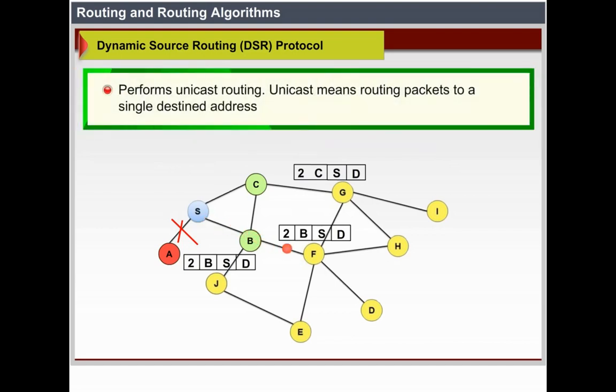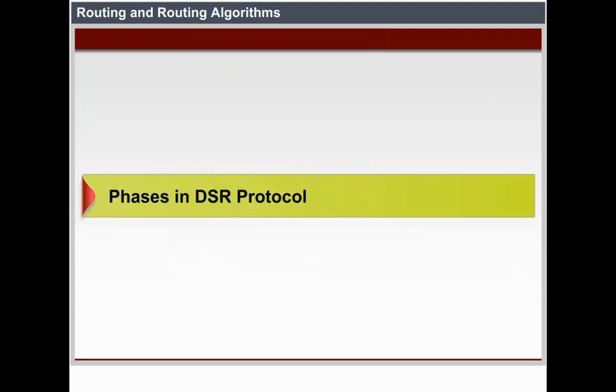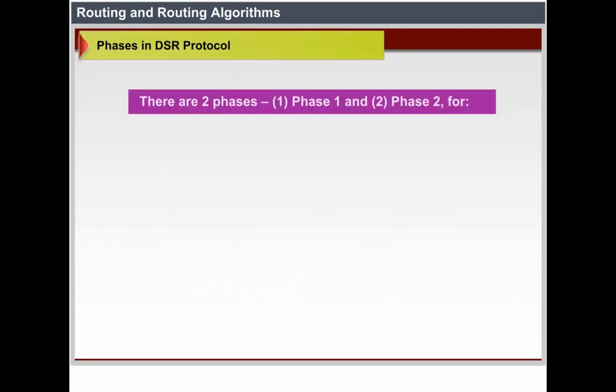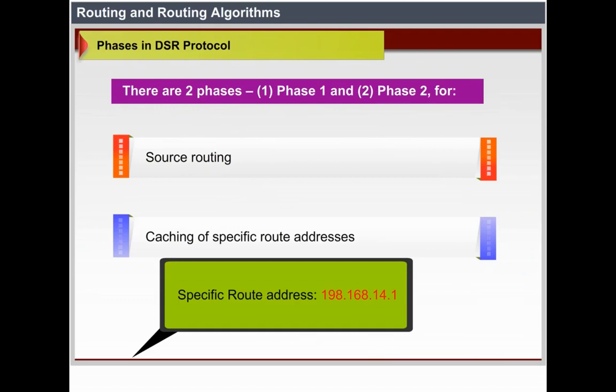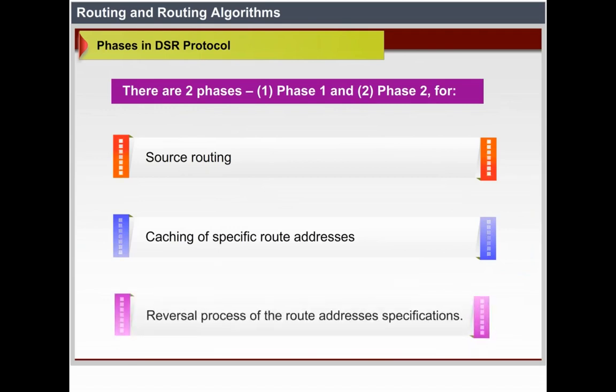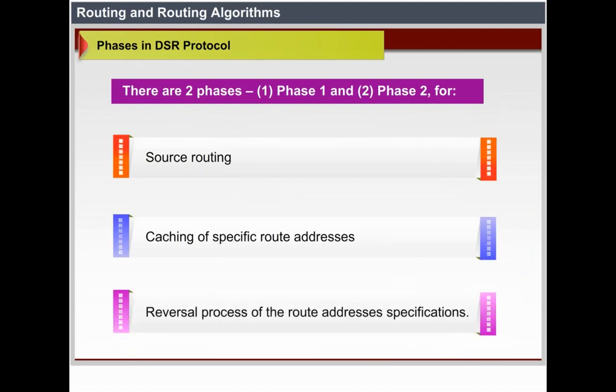It performs unicast routing. Unicast means routing packets to a single distant address. Phases in DSR protocol: there are two phases, phase 1 and phase 2, for source routing, caching of specific route addresses, and reversal process of route address specifications.